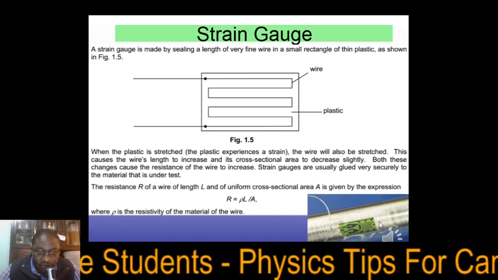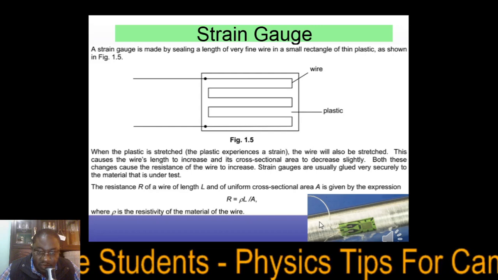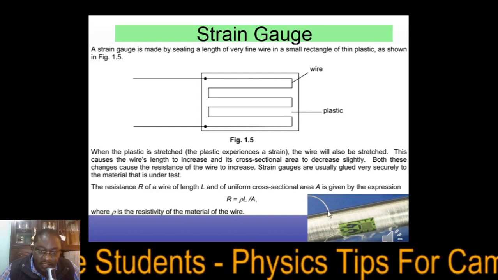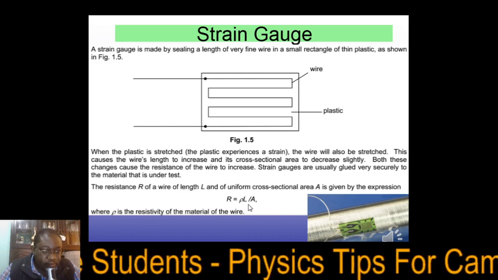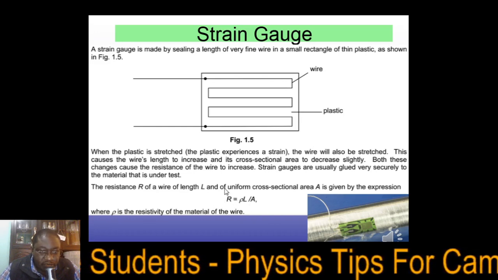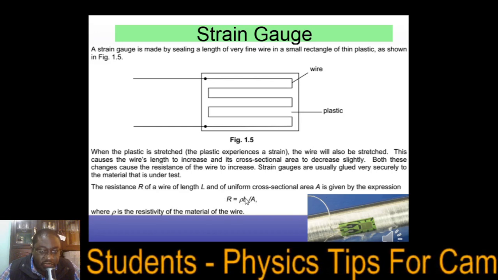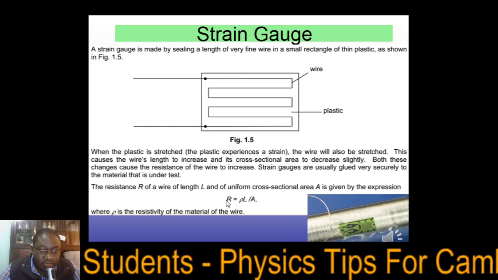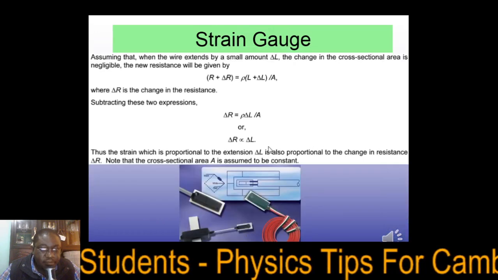So as you can see from here, that's the strain gauge. Now, when you subject this metal to stress, then the plastic also stretches and then sends a signal that is generated there. We know the expression for resistance is resistivity times length over area. Now we're going to get a new length and a new cross-sectional area, which we then input, which gives us the new resistance of the wire.